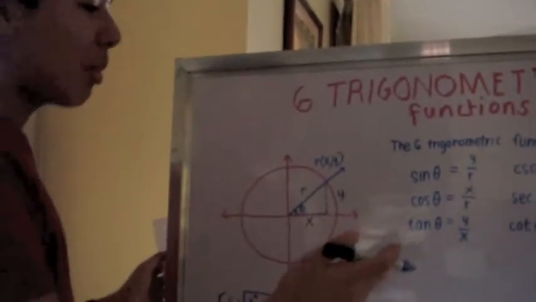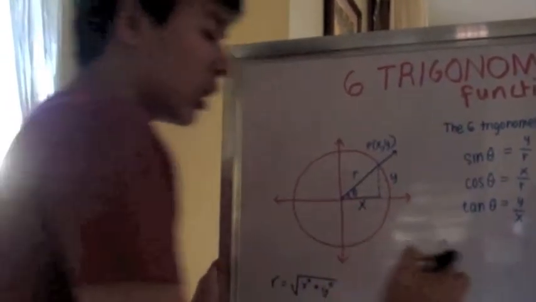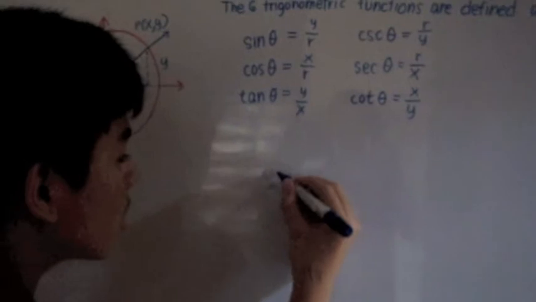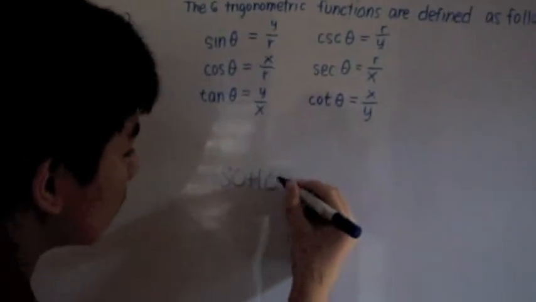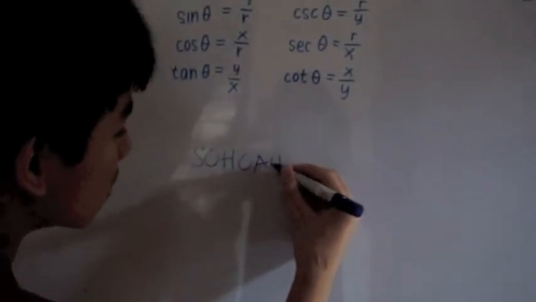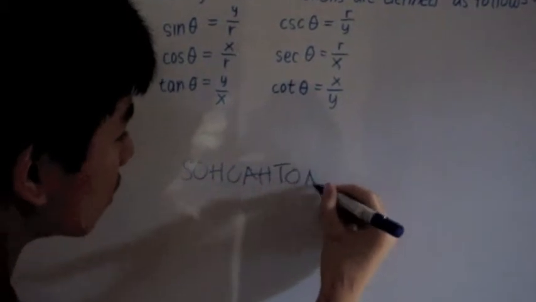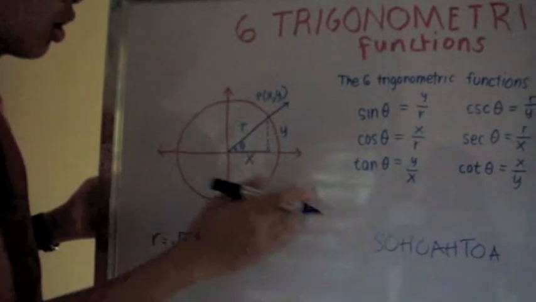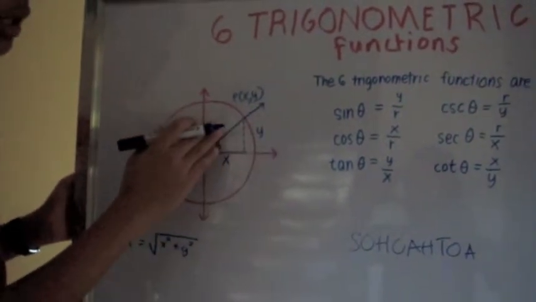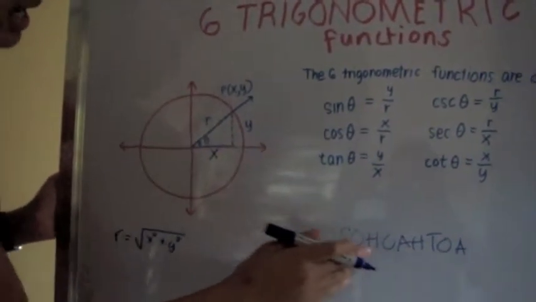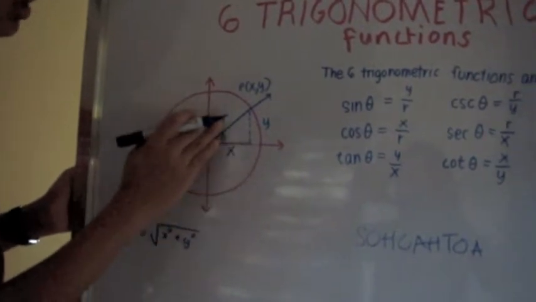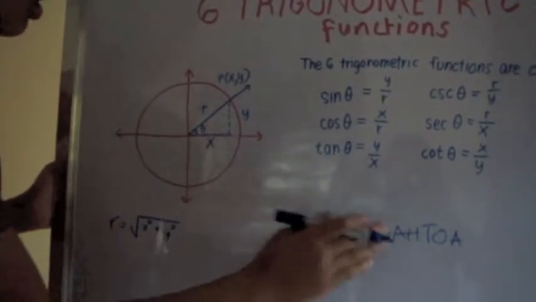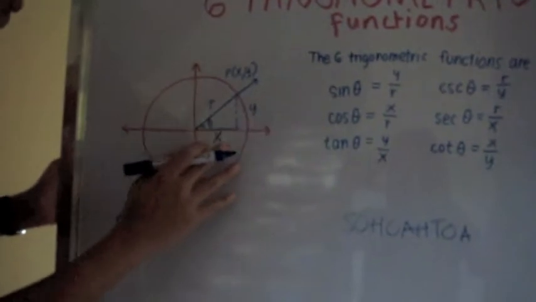If you have a hard time remembering these functions, just simply remember SOHCAHTOA. SOHCAHTOA stands for sine, opposite over hypotenuse, cosine, adjacent over hypotenuse, and tangent, opposite over adjacent.